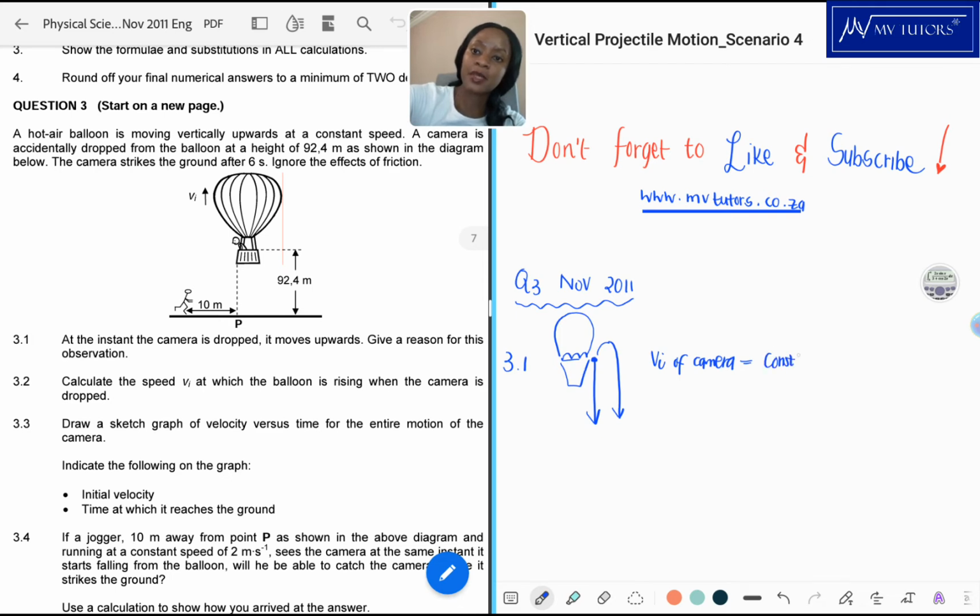Constant speed, meaning that it's not accelerating, so it moves at the constant speed. So the initial velocity of the camera is equal to the constant speed of the hot air balloon.